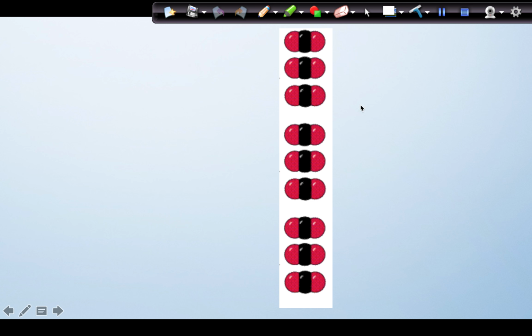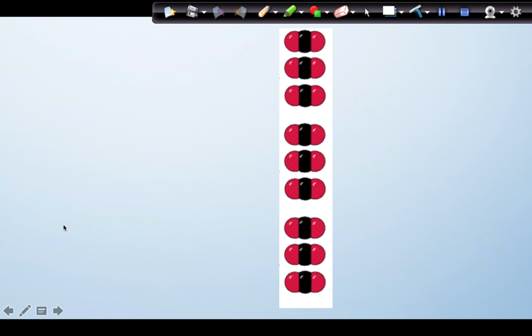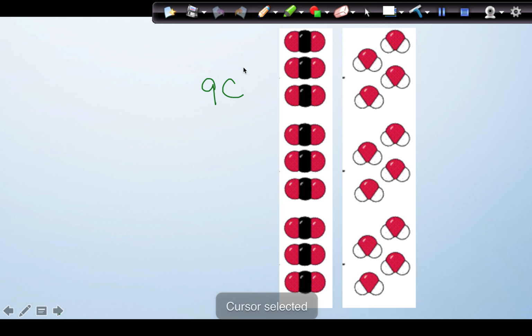When we look here, if we were looking at the products of a combustion reaction, this is CO2, and I see 1, 2, 3, 4, 5, 6, 7, 8, 9 C's. And when I get to my waters, I see 2, 4, 6, 8, 10, 12, 14, 16, 18, 20, 22, 24 hydrogens.